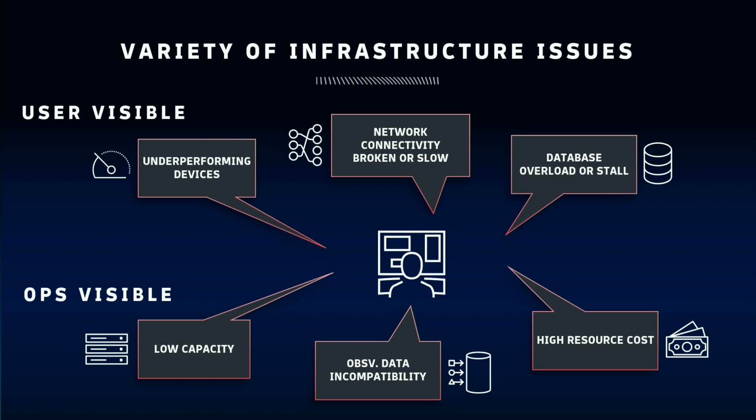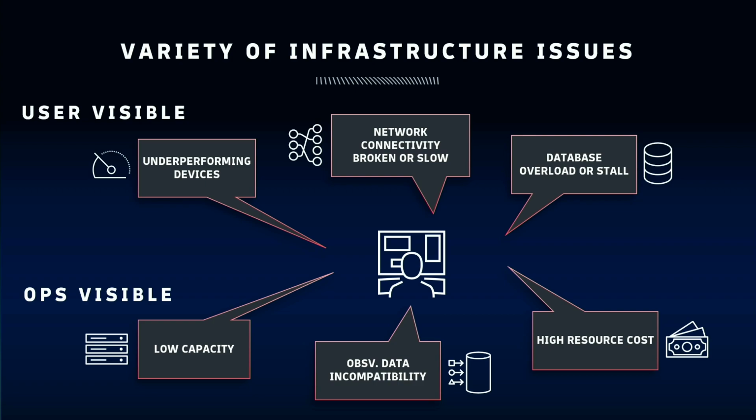And also, if you look at the issues that infra-ops deal with on a daily basis, there is also a variety of them. There might be issues that are directly user visible, like an underperforming device or stalls in network or database, so the reasons to switch off part or all of your application.